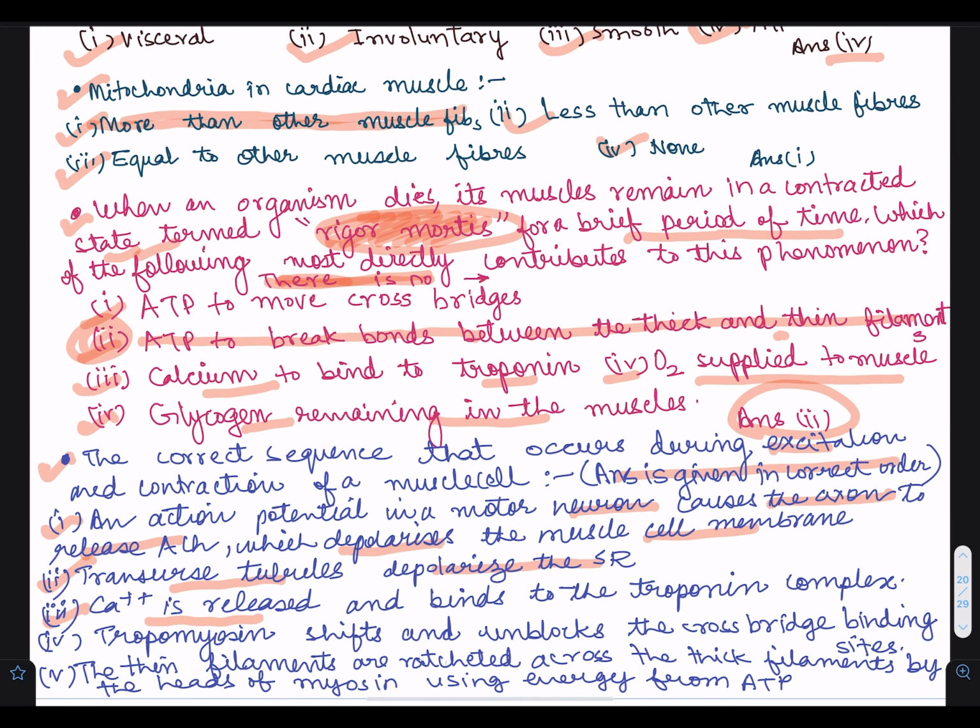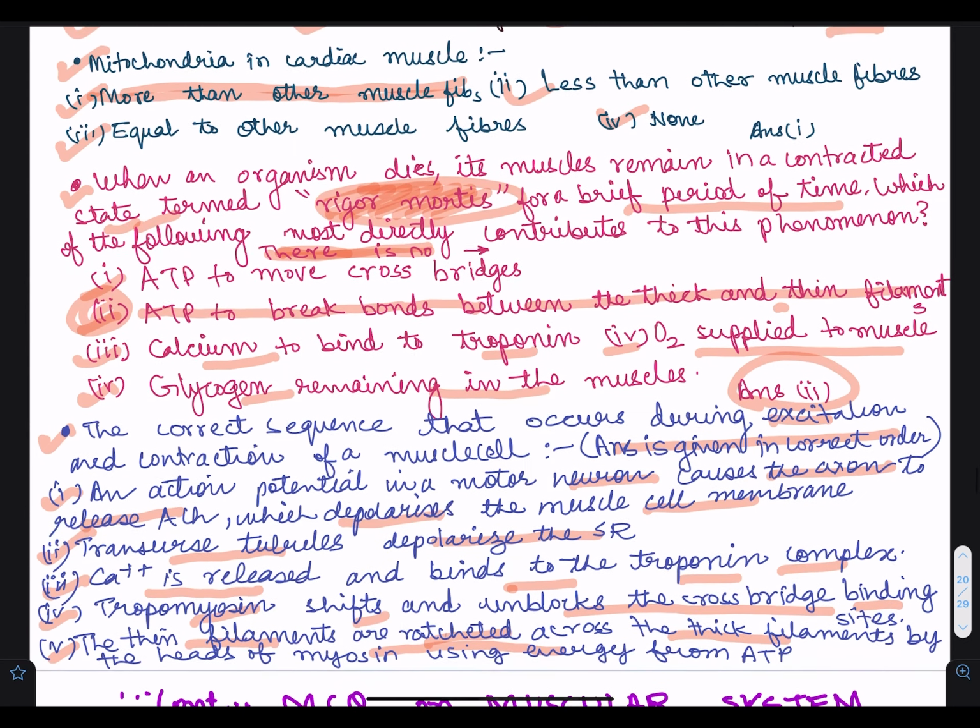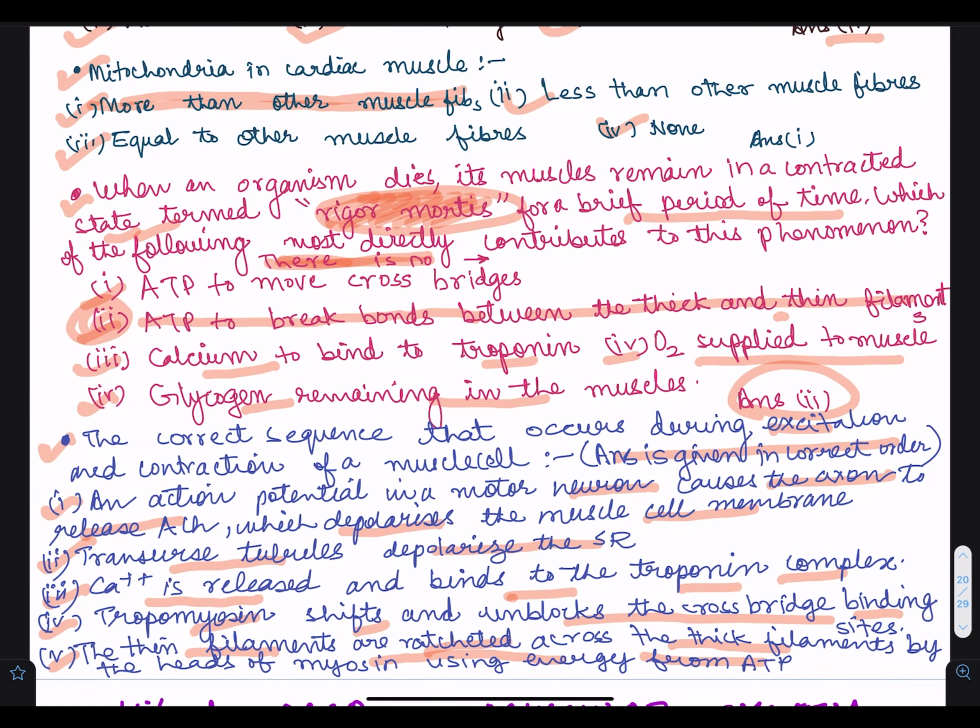Then, calcium is released and binds to the troponin complex. Then, tropomyosin shifts and unblocks the cross bridge binding sites. Then the thin filaments are ratcheted across the thick filaments by the heads of myosin using energy from ATP.